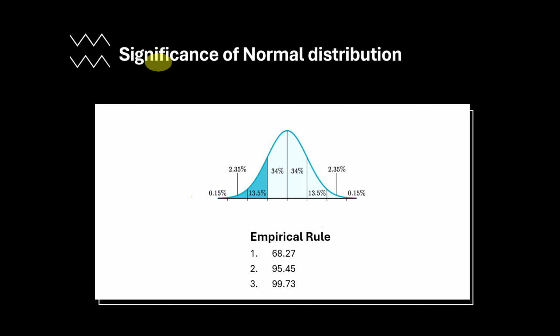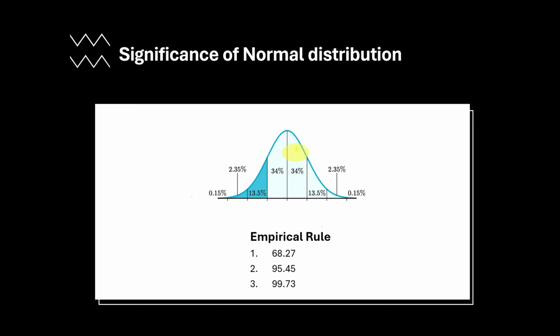Now let's understand the significance of normal distribution. It's a very simple strategy to remember this, because you can have questions in the exam as well. So 34% will be the first, the next one will be 13.5 on this side, and then you have 2.35. After that you have 0.45. The empirical values: 1 is 68.25, 2 is 95.45, 3 is 99.73.